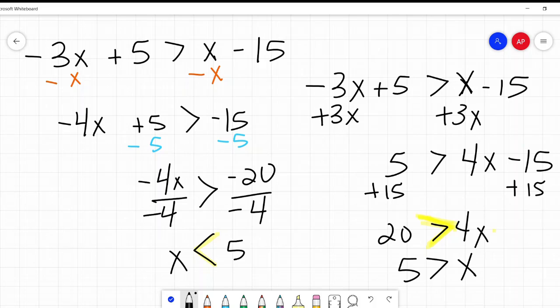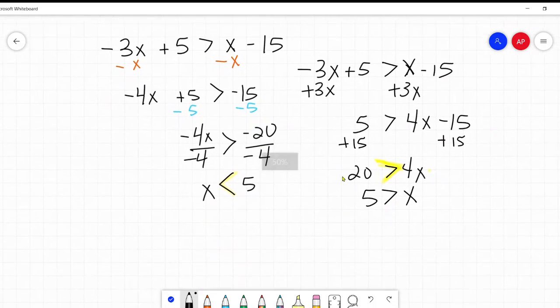So we've done the same math, and if this were an equation, both of these would get you x equals 5, or 5 equals x, and it wouldn't make a difference that we moved one to one side and one to the other. But because it's an inequality, if you're moving to the other side to make it positive, you're on the other side of the greater than or less than symbol. So that is the big trick.